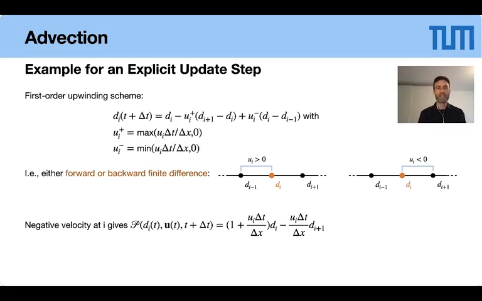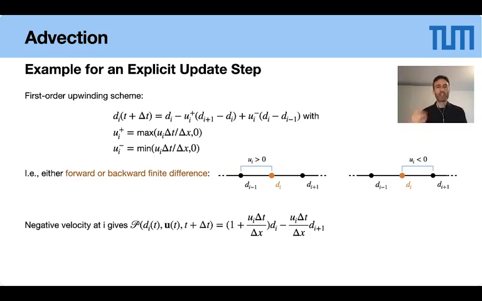In this case, it's 1 plus, and then you can see it as an interpolation factor from the velocity: we have ui over dx, giving us the relative velocity within the cell, times delta t for the current time step. Keep in mind this is negative, so we have 1 plus something negative for di, and then minus minus, giving us a positive factor for the di plus 1 on the right side of this equation.